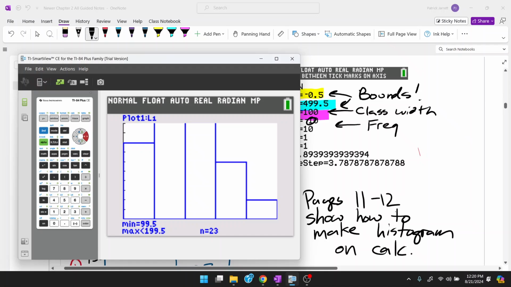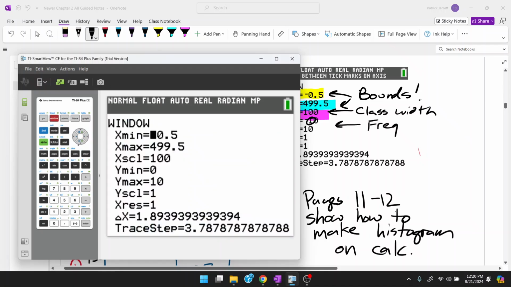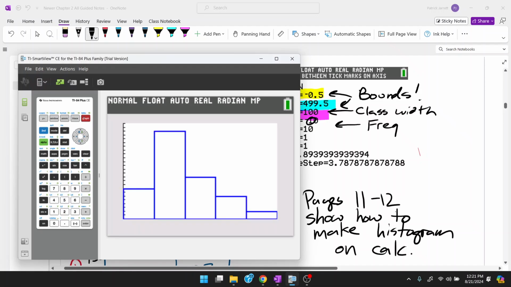Now, another thing we can do here is if we go to Window, let's change that Y max to 25. For the Y max, you might have to apply what's known as the Goldilocks principle. It's too high, too low, or just right.